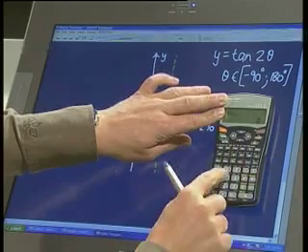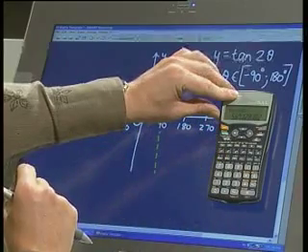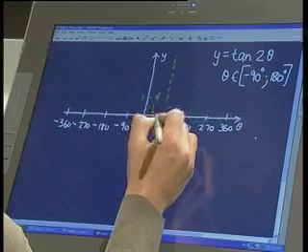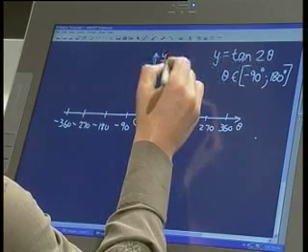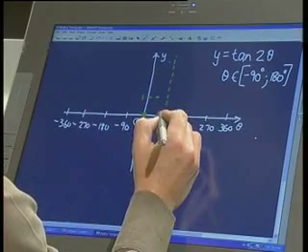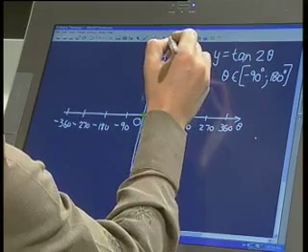What do we get if we type in tan of 80? Tan of 80 gives us 5.67. So when we go to 80 degrees, we are in line with 5, something. If we type 89, tan of 89 gives us 57.